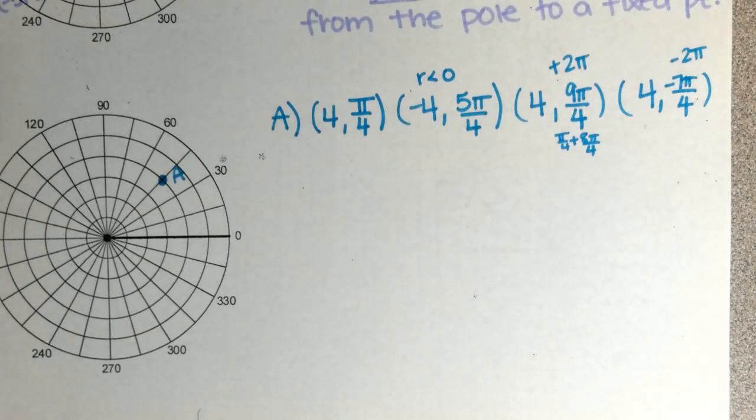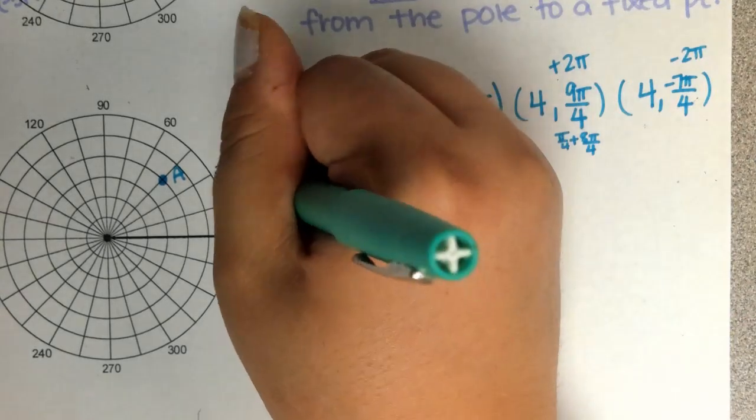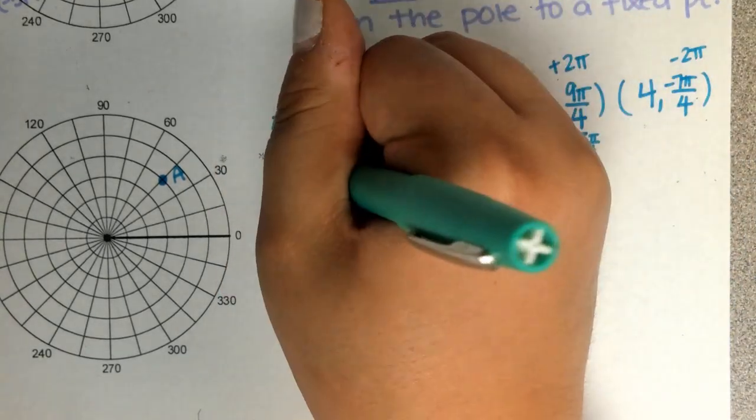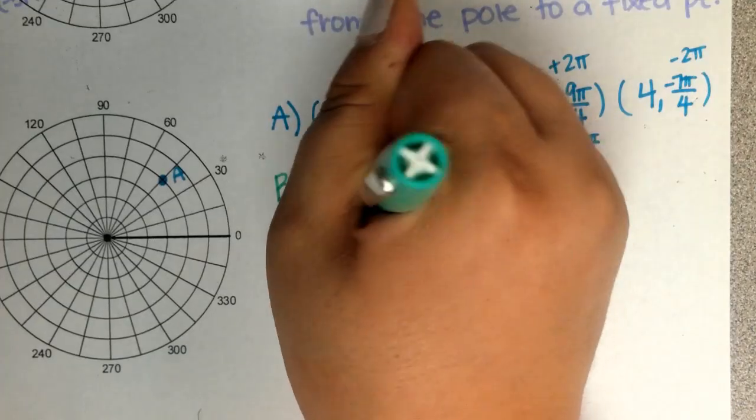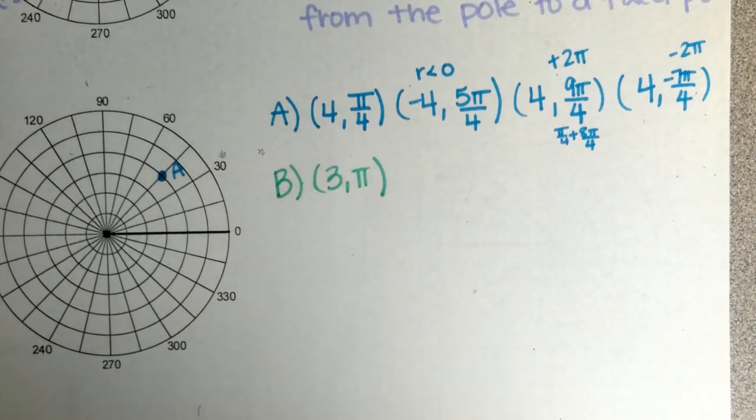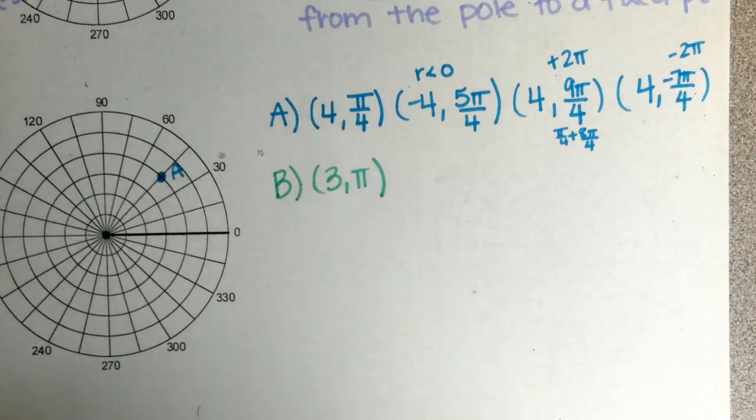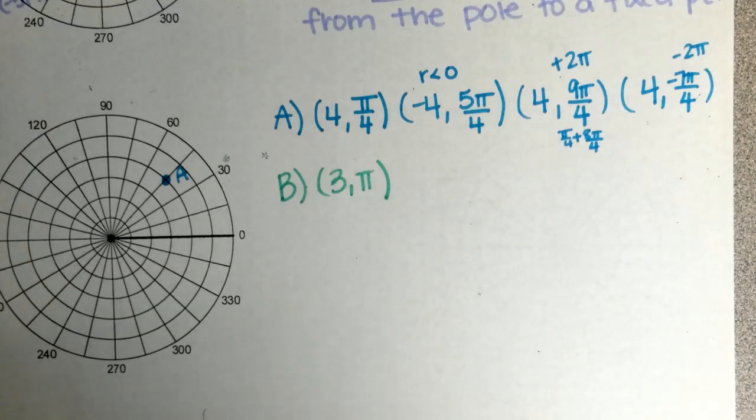All right, so next, let's do another one. Let's plot 3 pi. Can everybody plot 3 pi and label it B?